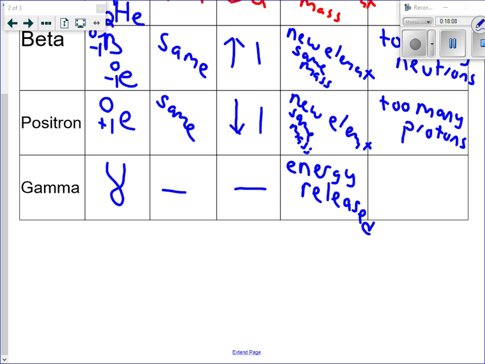Gamma is energy that's released. So not only during decay could you lose an alpha, could you lose a beta, could you lose a gamma. But gamma is brought up, as one of the points I had on the board at the start of class, in relation to the conservation of energy law. I'm sorry, energy law. My fault.